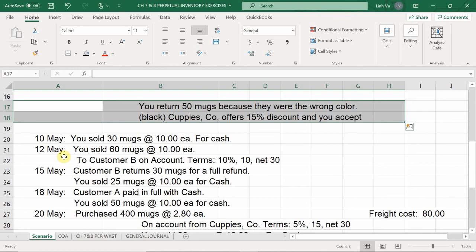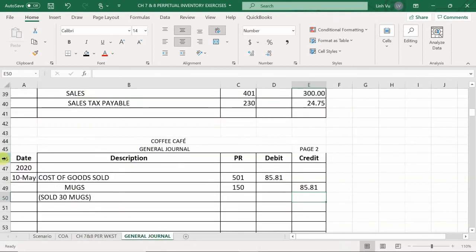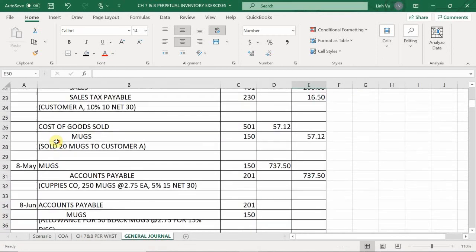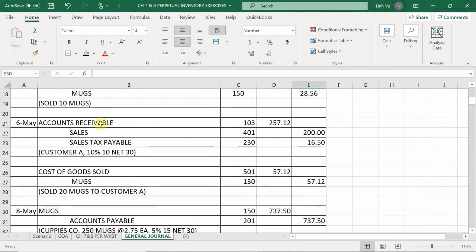If we sold to customer B and we gave him terms of 10%, 10, net 30, then how did we sell to customer B? On an account? Yes, we placed it on an accounts receivable.